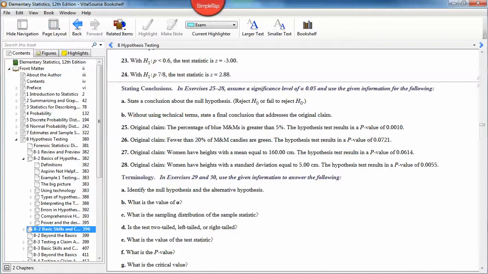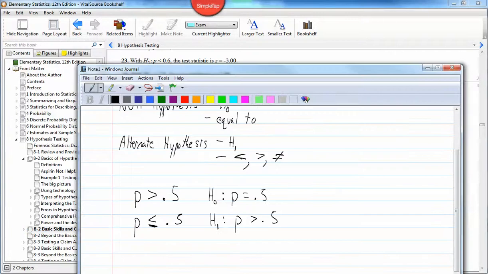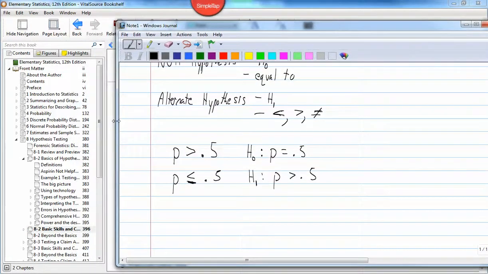Alright, so I could do that on some like these, even though I'm not doing what the directions say. We have some claims right here. Let's look at 26 and let's identify the null and alternate hypothesis.